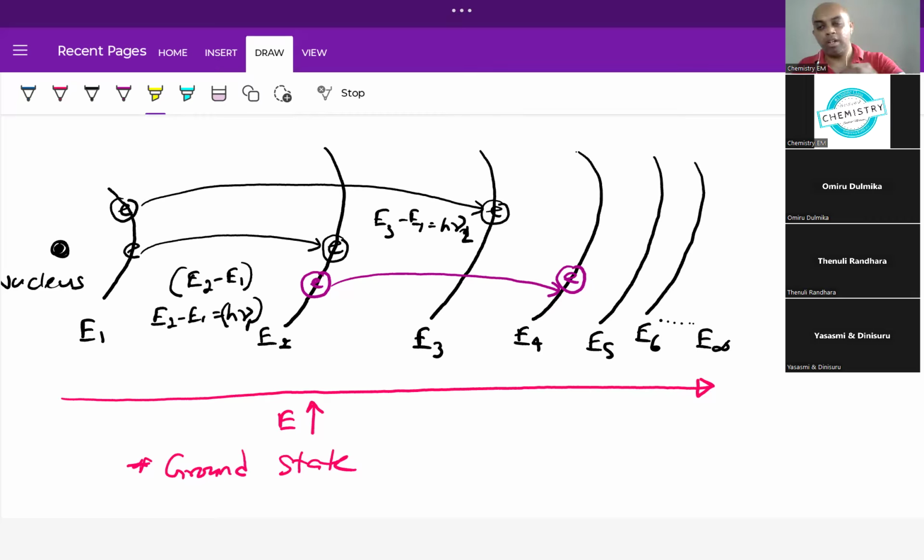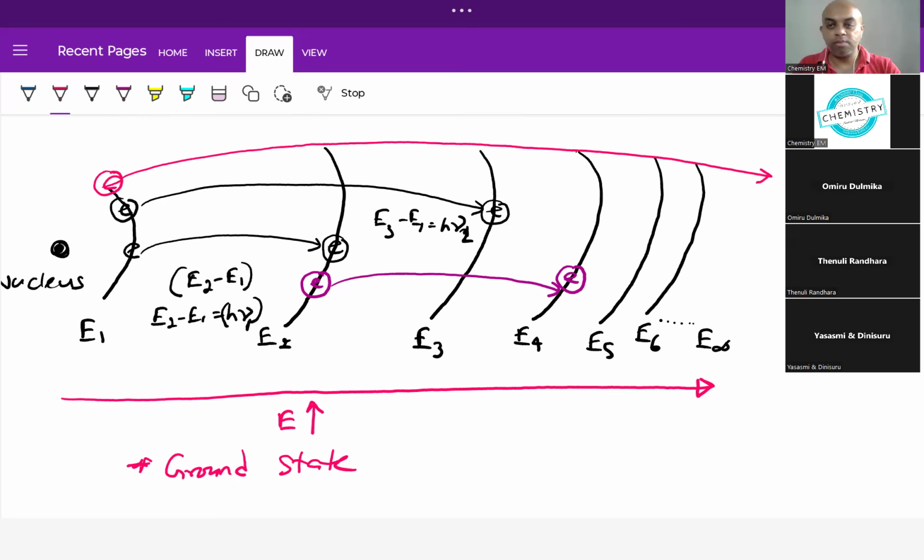The electron is removed, the electron is released. That also can happen. Then the electron will not be within the atom anymore. In that scenario, the electron will be moving from E1 or any other level to infinity, so it is not in the atom anymore.